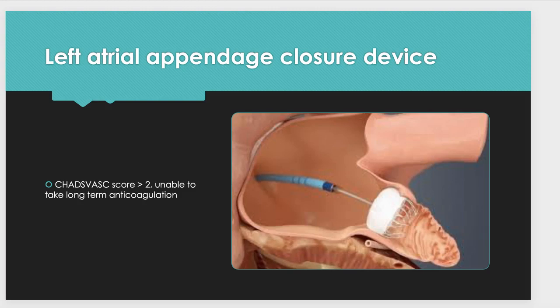Arnold Schwarzenegger actually has a Watchman device, and his reasoning was because of all the stunts that he performs. So he was able to get approval for a left atrial appendage closure. If patients are at high risk for falls, this is another reason why patients could be referred for this device.